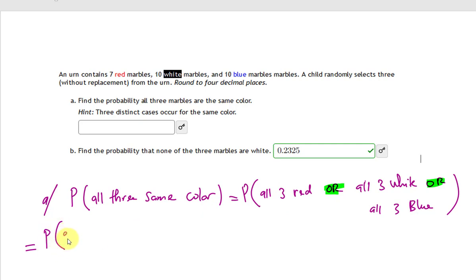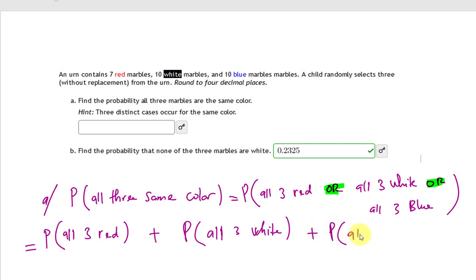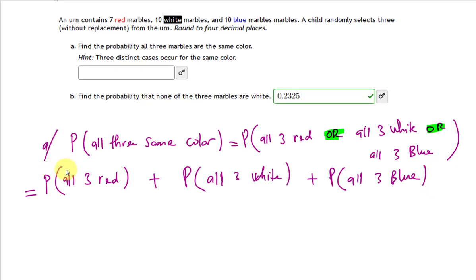Probability of all 3 red, or, addition, the probability of all 3 white, and then add the probability of all 3 blue. Okay, so inside the all 3 red, you know that you are taking out 3 marbles, right?